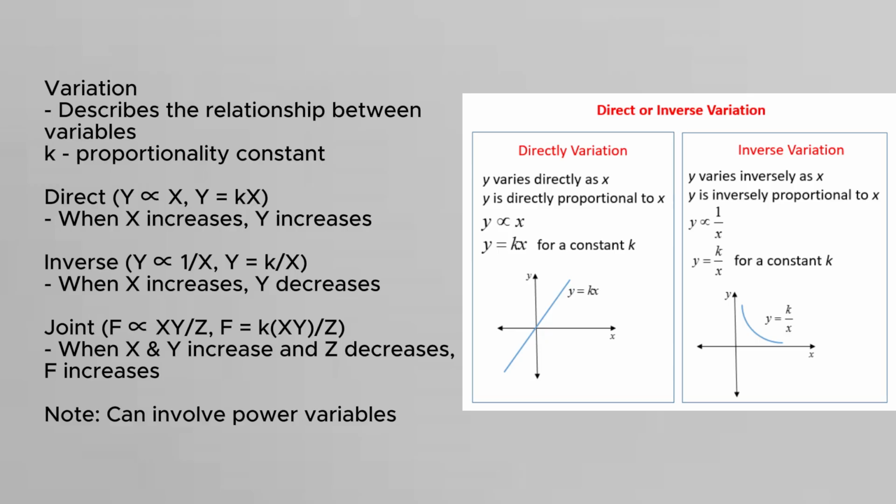For joint variation, when x and y increase and z decreases, f will increase.